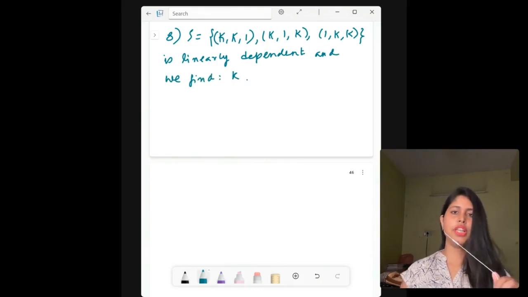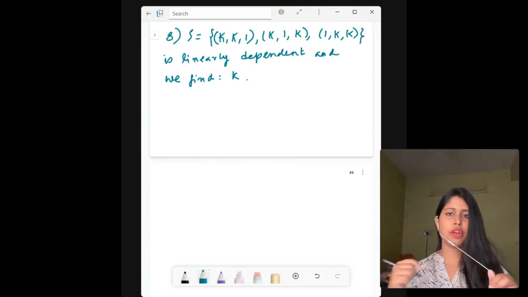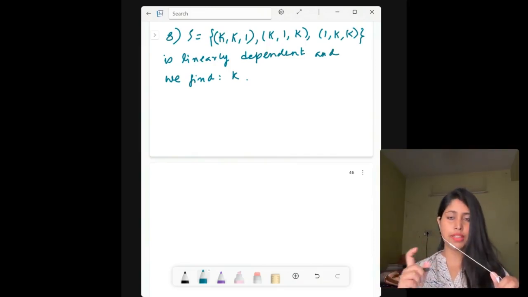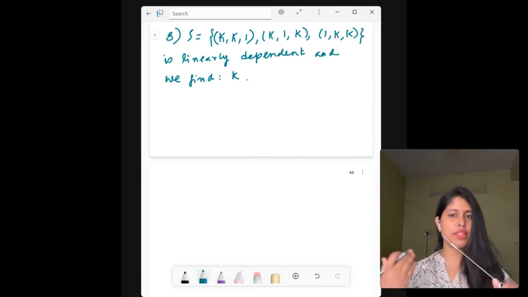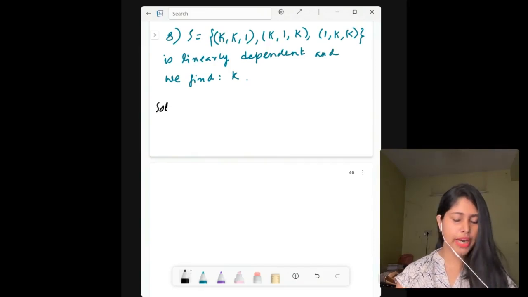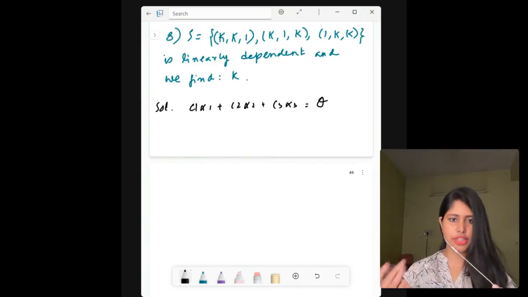Okay, so next what we need to do, we have to take three scalars for this set to be linearly dependent. These scalars will be taken from the field F, and the condition will be c1 alpha 1 plus c2 alpha 2 plus c3 alpha 3 equal to theta, which is the 0 vector, right?